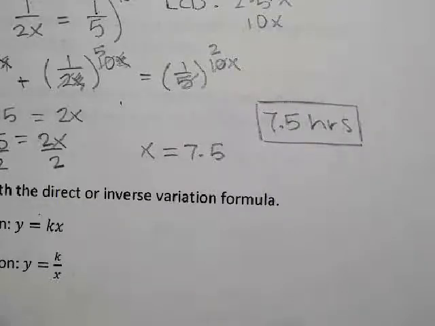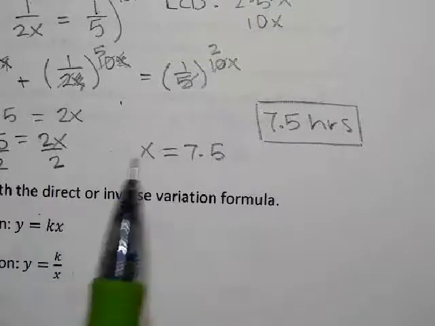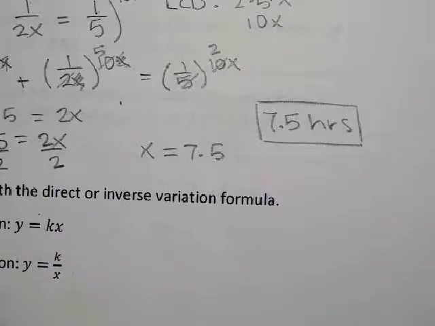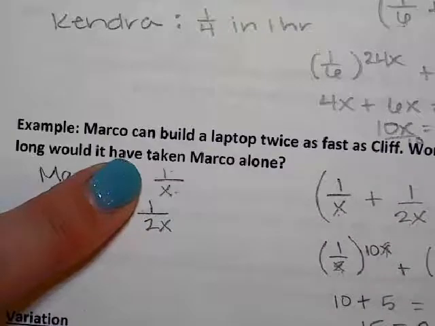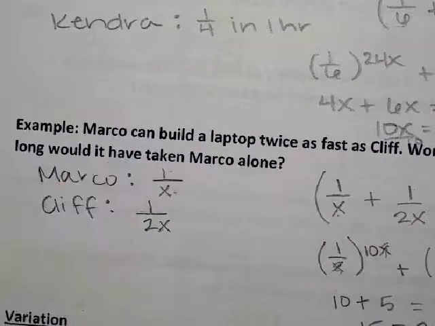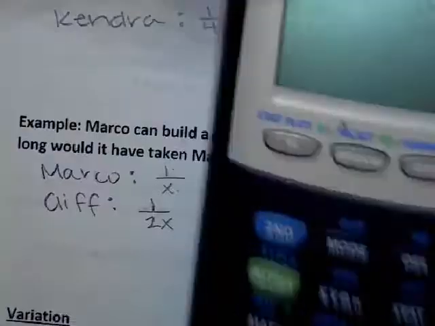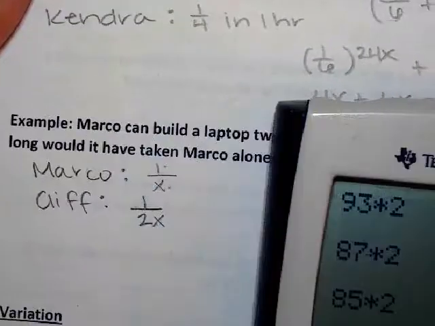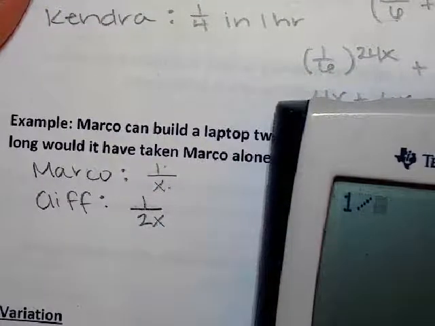So the 1 hour was 1 over x per hour. So it was 1 over 7.5 per hour. But it wasn't just x that was saying x per hour. It was 1 over x per hour. So since we're just solving for the x, we're not solving just the fraction. Does that make sense? So it's 1 over. So if we were to figure out what it is per hour, then per hour he can do 1 divided by 7.5.